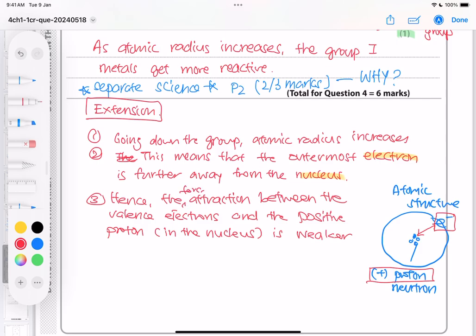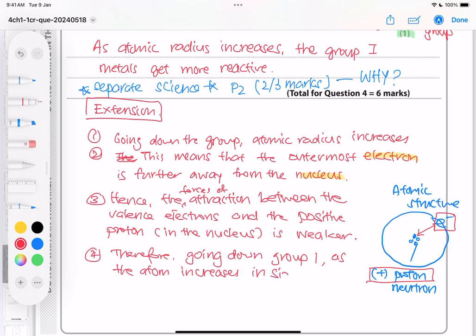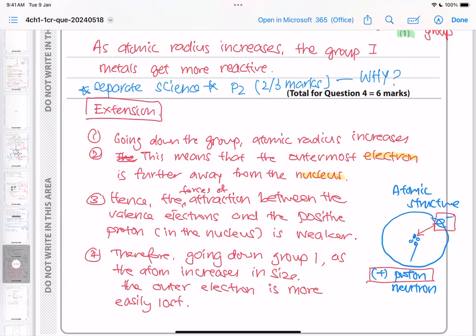The forces of attraction between the valence electron and the positive proton in the nucleus is weaker. And therefore, going down group 1, as the atom increases in size, the outer electron is more easily lost.